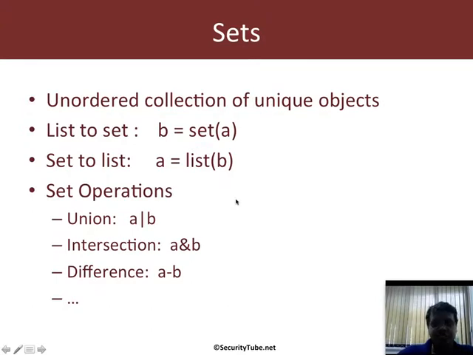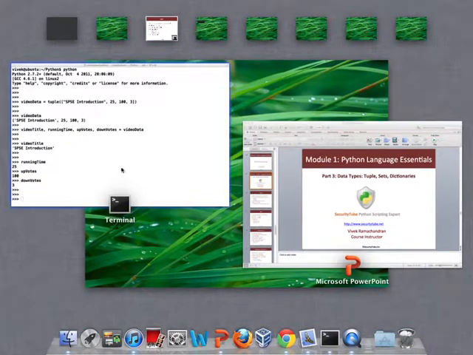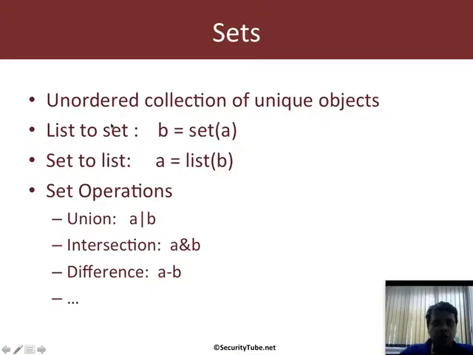Now coming back, the next data type which I'd like to look into is sets. Sets again are an unordered collection with a very unique criterion, which is that the objects have to be absolutely unique. This is similar to mathematical sets which you may have encountered. So if we go back to the presentation, to create a set from a list, we use the set call, and to create a list back from the set, we use the list call, right?